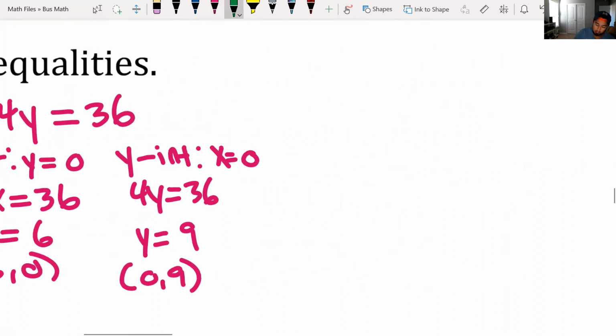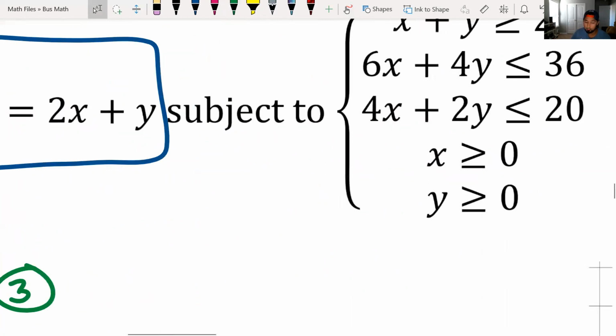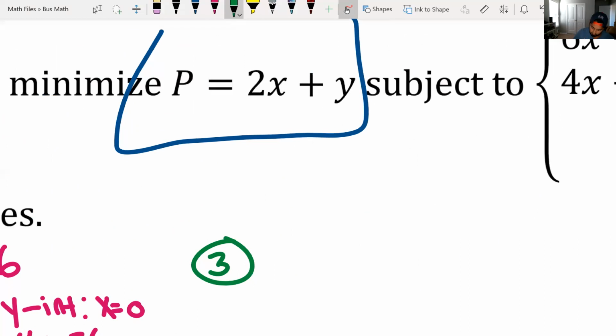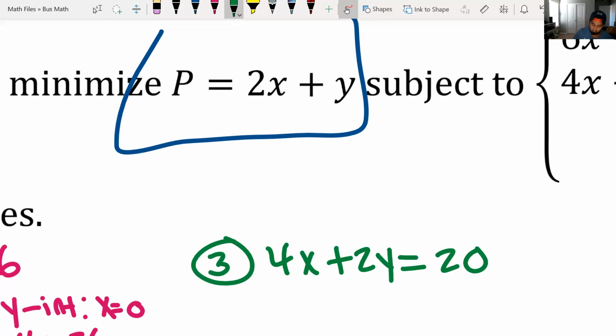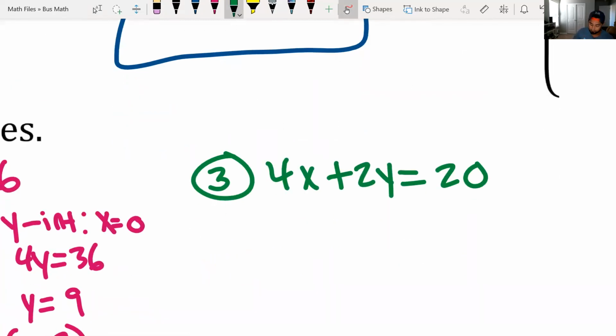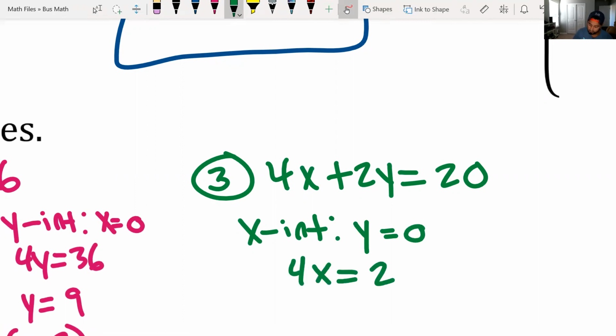All right. Third equation. Number 3. What are we messing with? 4x plus 2y equals 20. Again, same process. X-intercept, y equals 0. 4x equals 20.